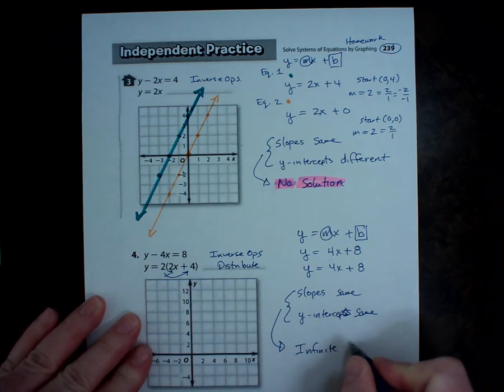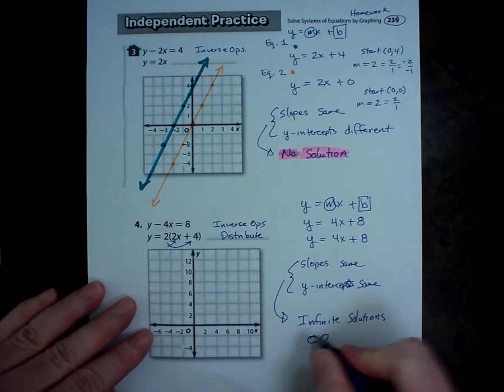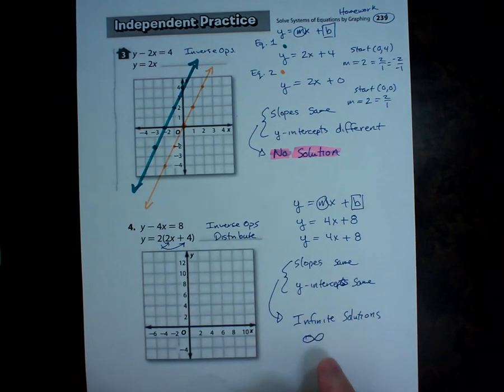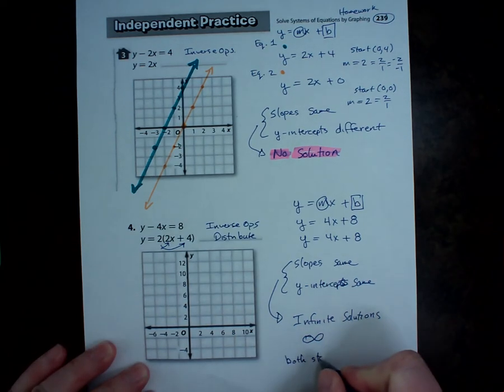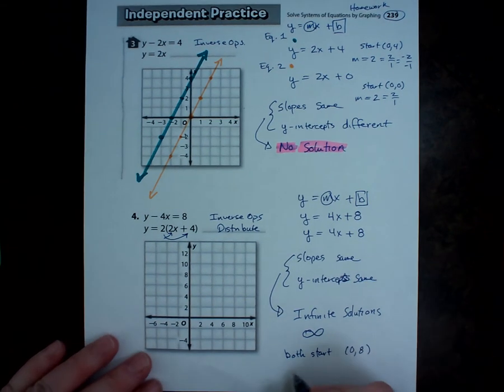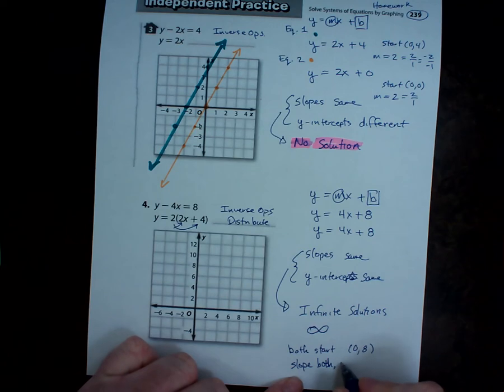Infinite solutions. Now I'm going to introduce a symbol for infinity that you can use in place of the word infinite. So you can just draw this symbol. And all you have to do is graph the last line. They both start at 0, 8. And the slope of both is m equals 4, which is 4 over 1.